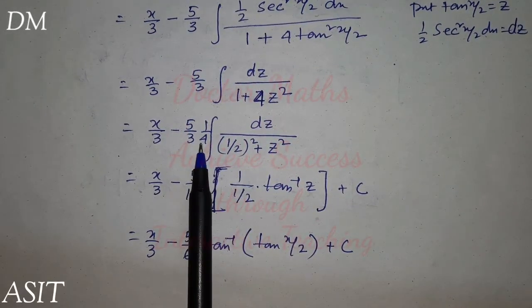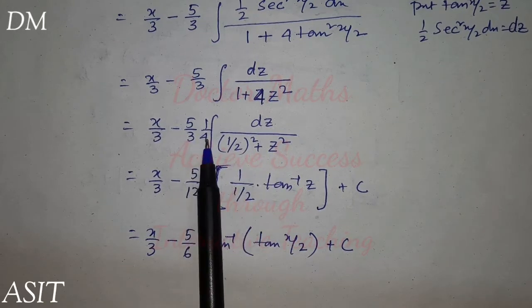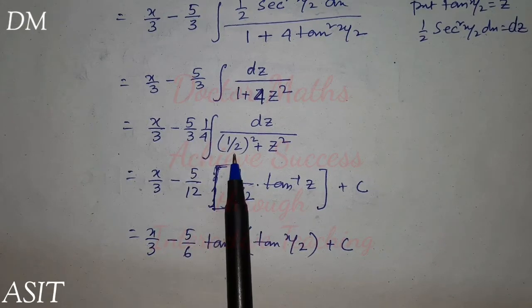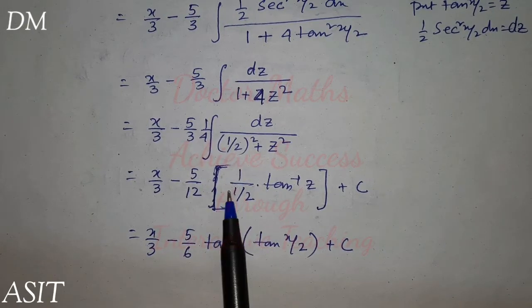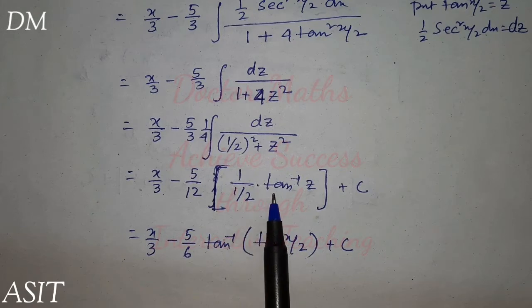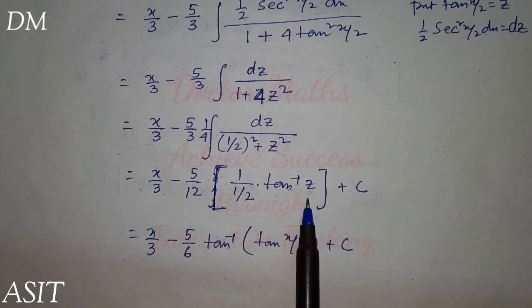There is already 1/4, so this 4 will be multiplied with 3, so it will be 5/12, and this will be 1/a, which is 1/2, into tan inverse z/a. So there I made the mistake.